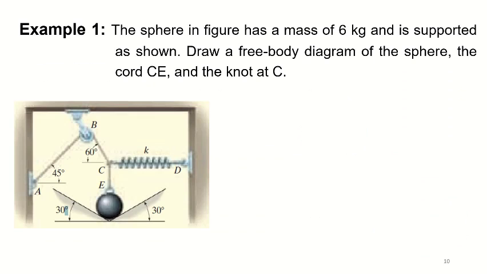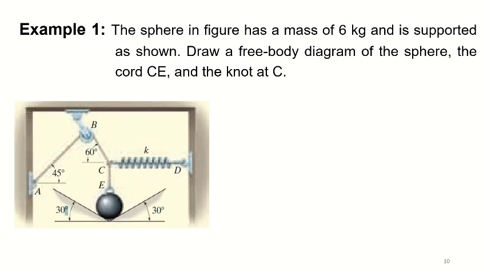Okay, let's see an example of how we can draw the free body diagram of a particle. In example one, it says the sphere in the figure has a mass of 6 kilograms, and is supported as shown.